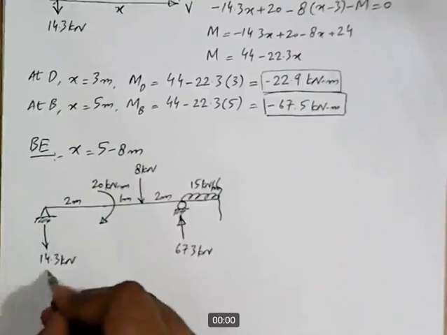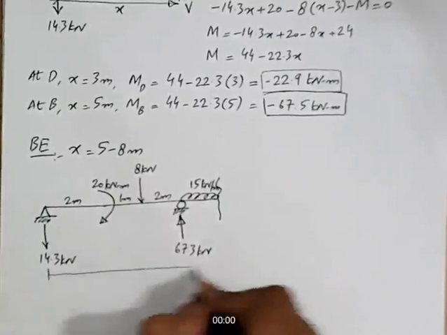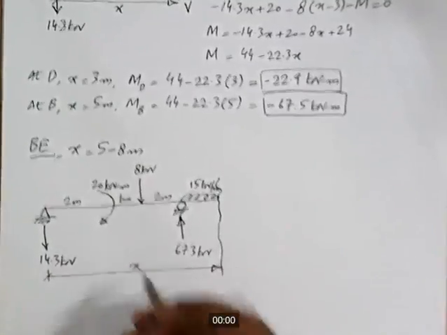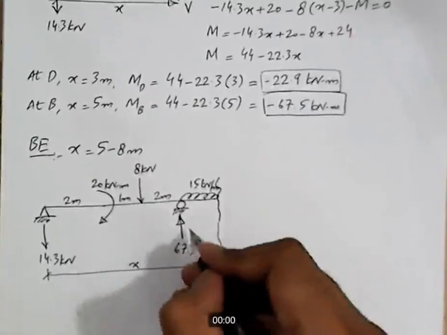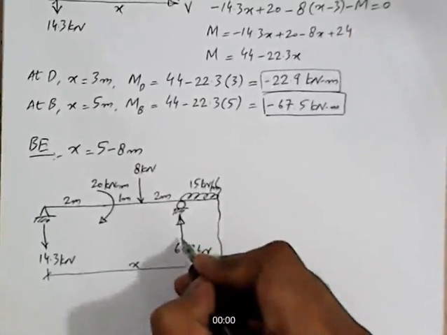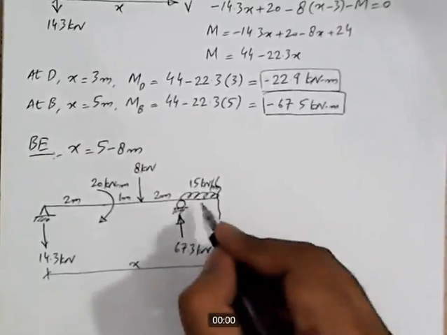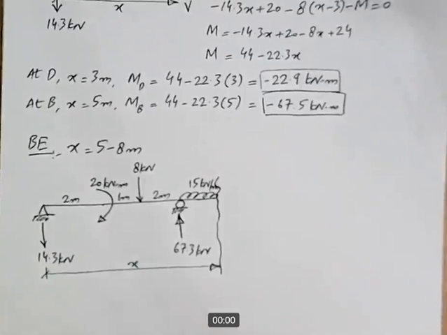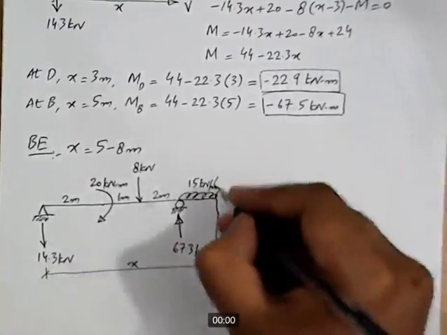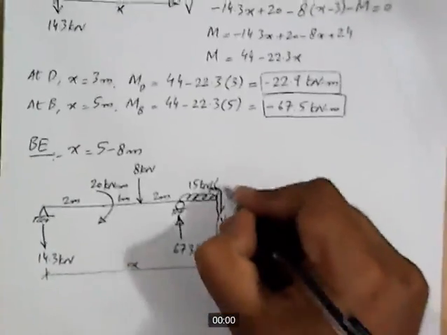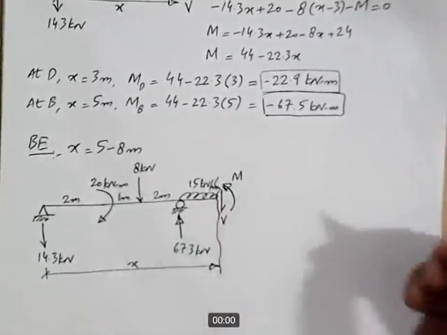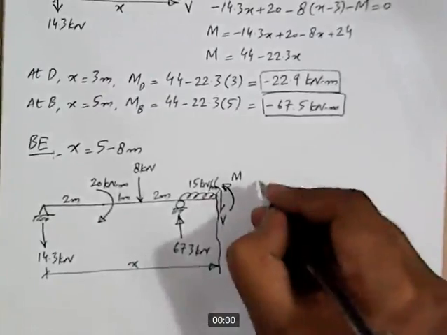The X will vary like this, and we'll identify the portion of the UDL when we'll be calculating the shear and moment. Okay, so this completes the free body diagram. Is there any other thing? Oh yes, I think the shear V and moment M are left. Okay, so now let's apply the conditions of equilibrium.